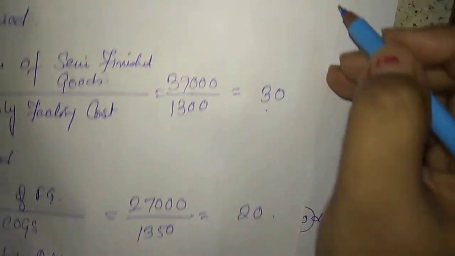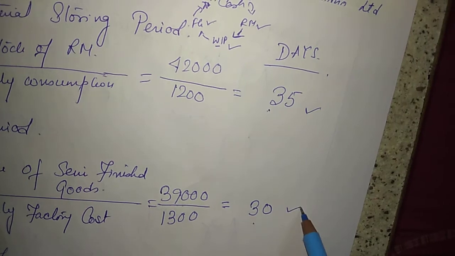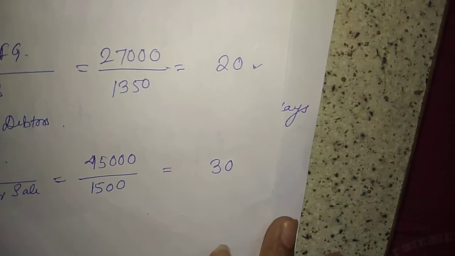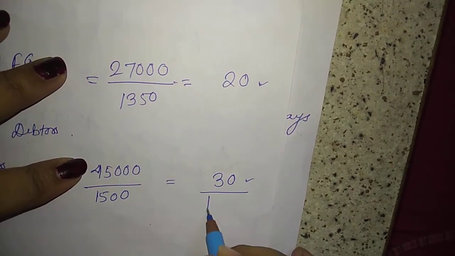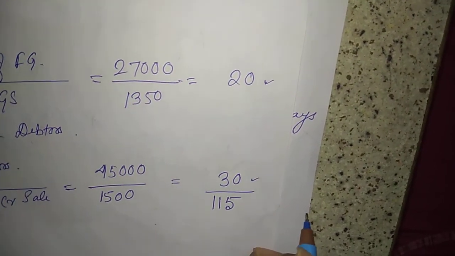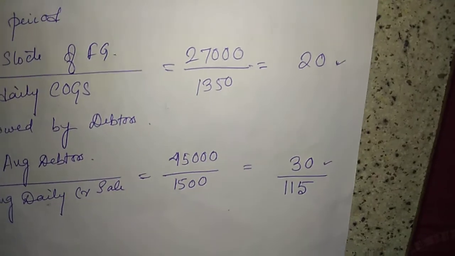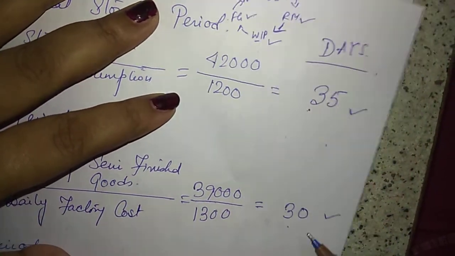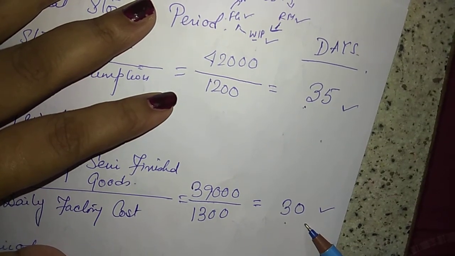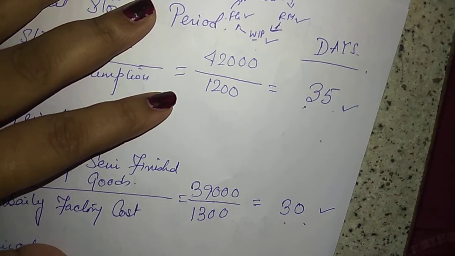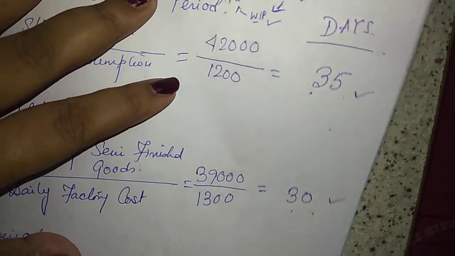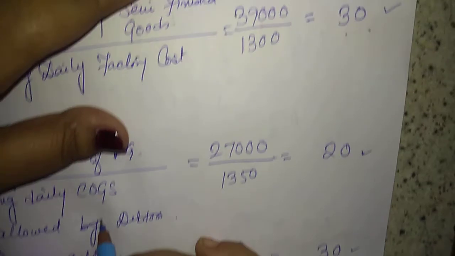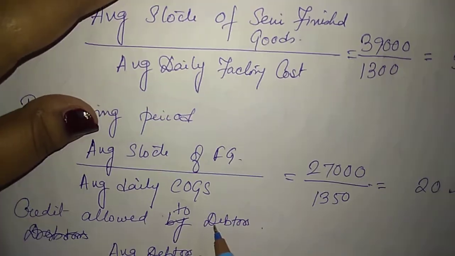So adding, now add this 35 plus 30, 65, 65 plus 20, 85, 85 plus 30, 115. Okay. Now these are the items for which you are allowing credit. Here I made a mistake, it is credit allowed to debtors.